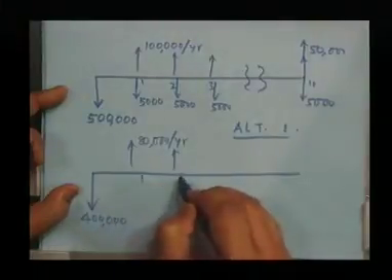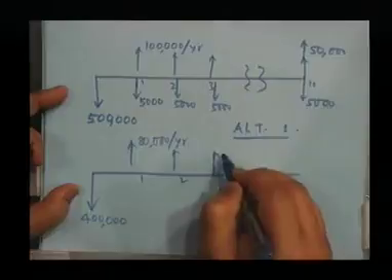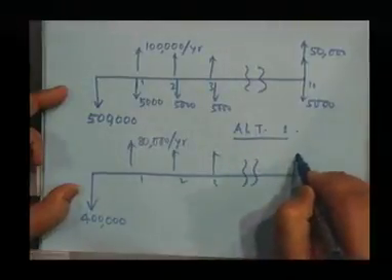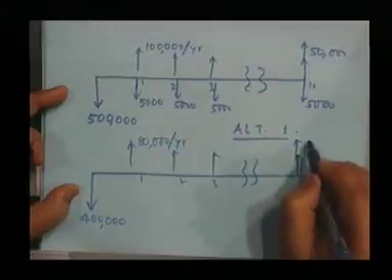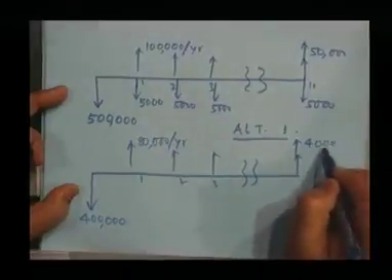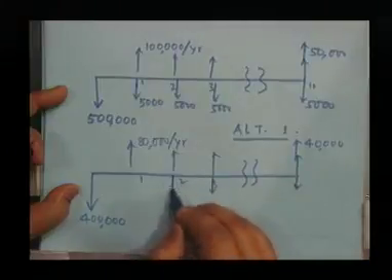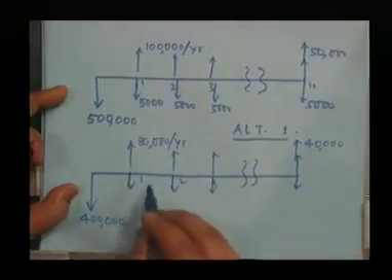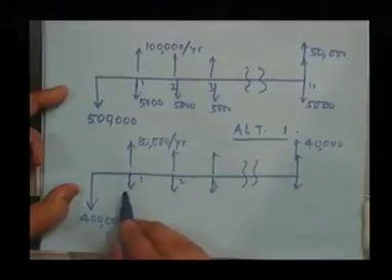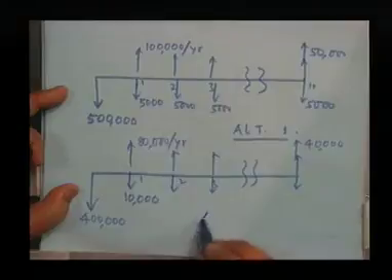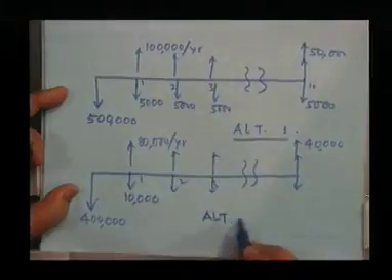So, year 1, 2, 3, so on. Salvage value is 40,000 and your outgoings are 10,000. So, this is as far as alternative 2's cash flow diagram is concerned.